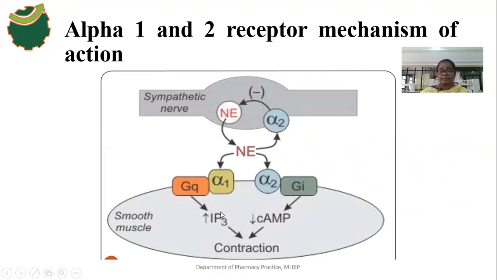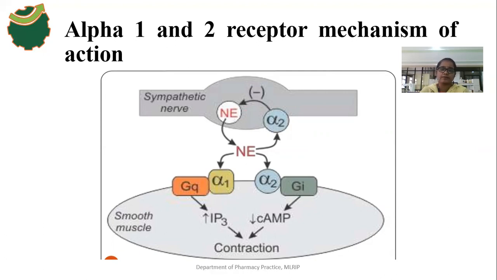Along with IP3, there is a production of one more messenger, called diacylglycerol. Both IP3 and DAG stimulate the release of calcium from the sarcoplasmic reticulum.